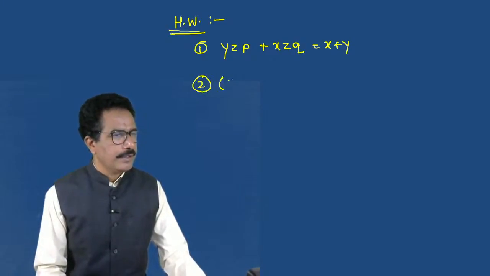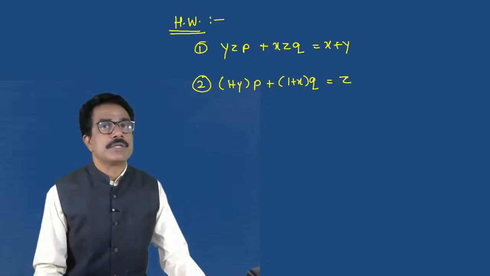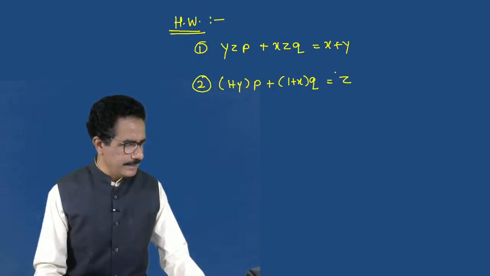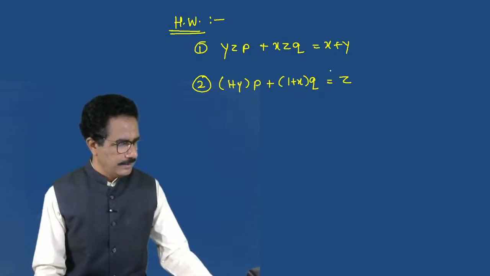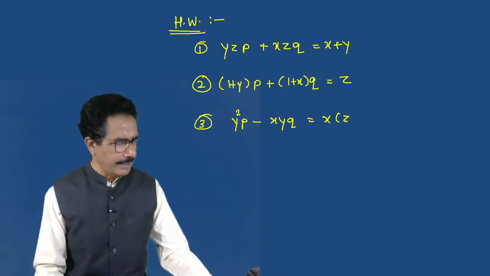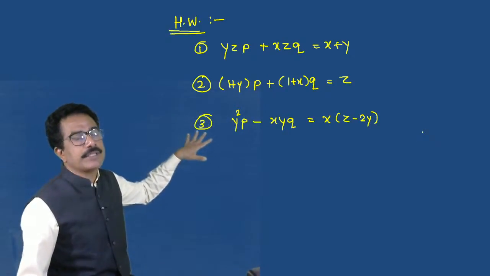Second, 1 plus y into p plus 1 plus x into q is equal to z. Third, y square into p minus xy into q is equal to x in a bracket z minus 2y. Now solve these problems. These are for the homework.